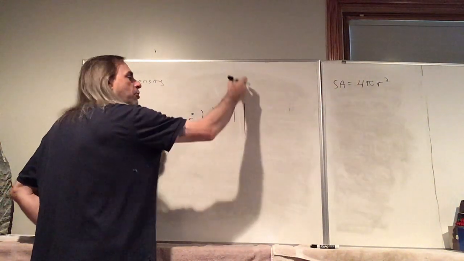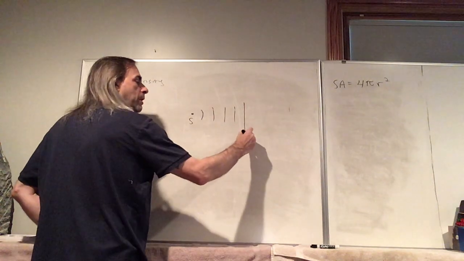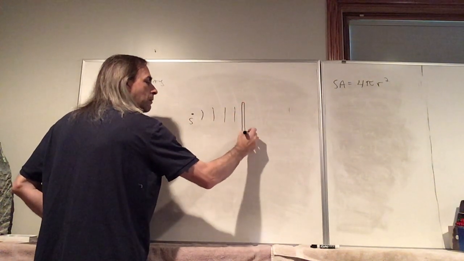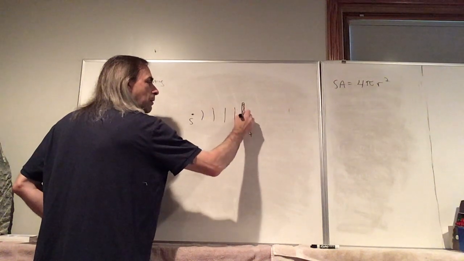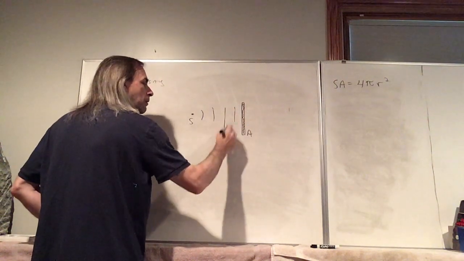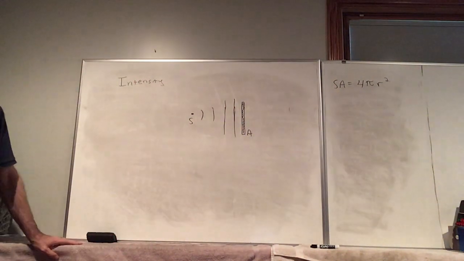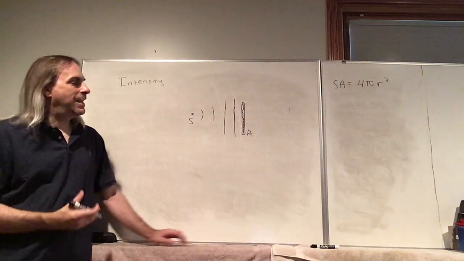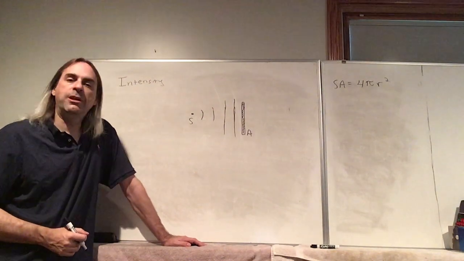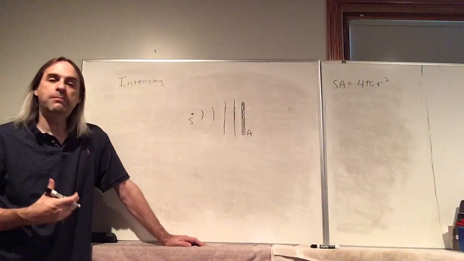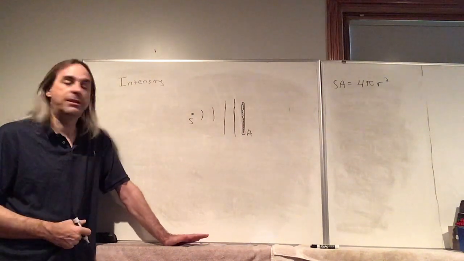And let's make these wave fronts big enough to fully hit it. So how much energy is going to be absorbed, or how much energy is incident upon this barrier? That's an important question.